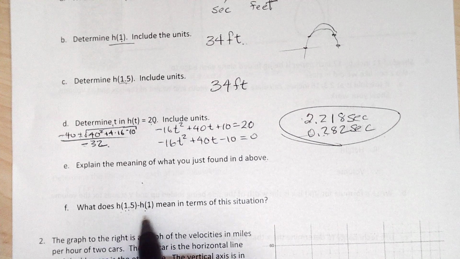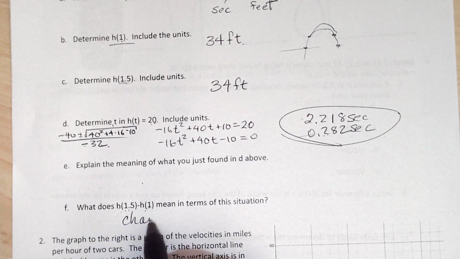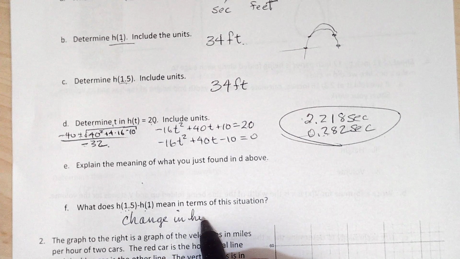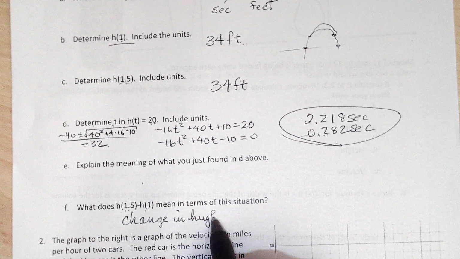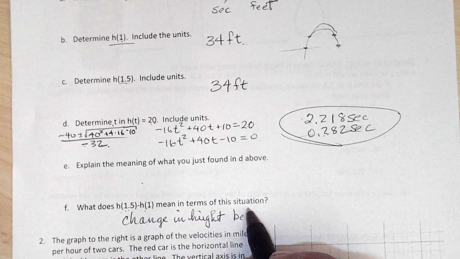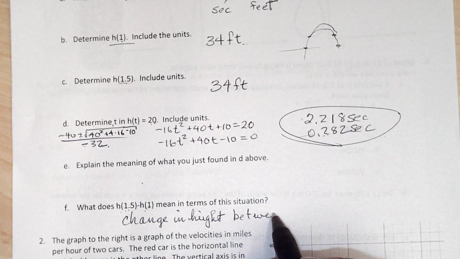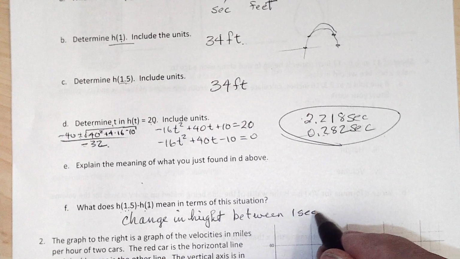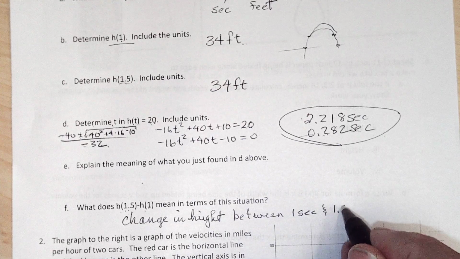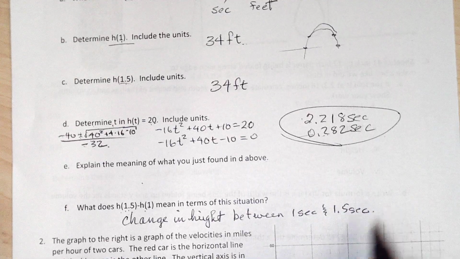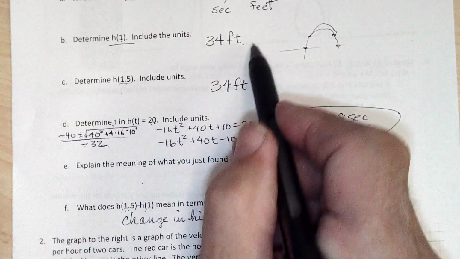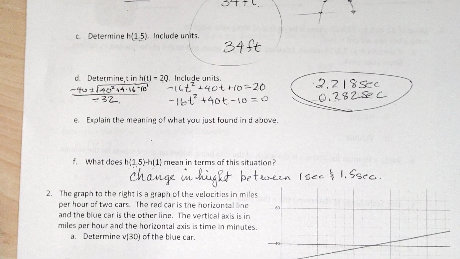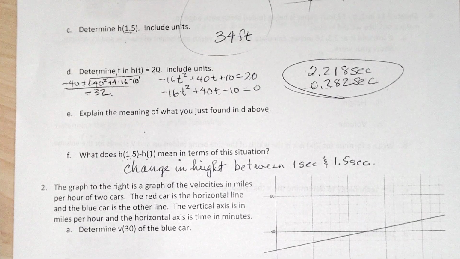So this is the change in height between 1 second and 1.5 seconds. In this case, that difference is 0. A difference of 0 is the change in height. Okay.